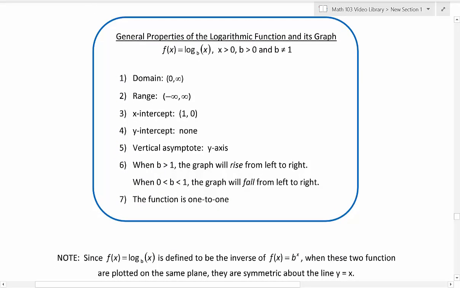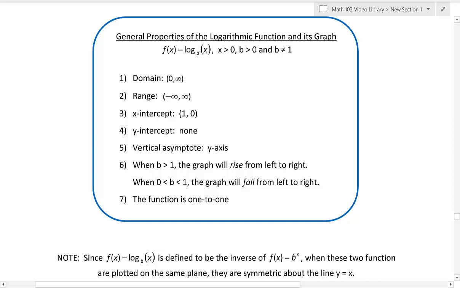Logarithmic functions and their graphs have some general properties. So recall our logarithmic function is f of x equals log base b of x, where x is strictly greater than 0, b is strictly greater than 0, and b is not equal to 1. The domain of the logarithmic function is 0, not including 0, to positive infinity, just the positive numbers, and the range is all real numbers.